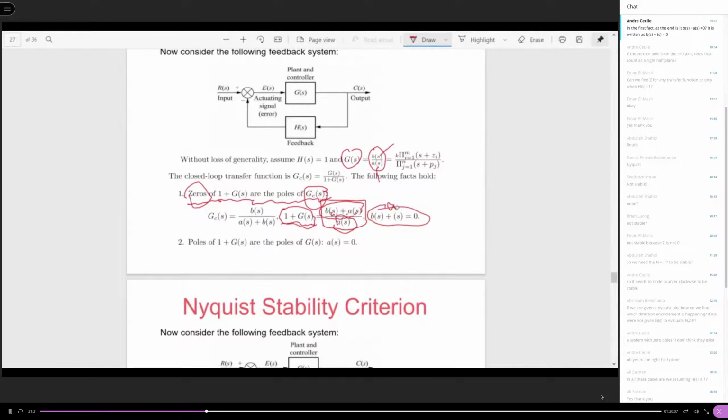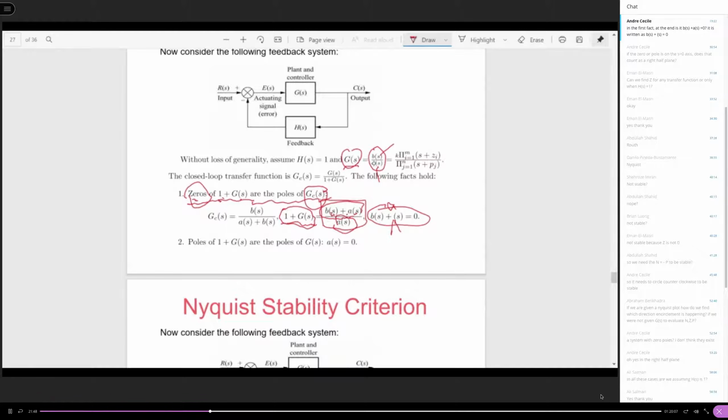If you solve this polynomial equation, the roots of this polynomial equation will be exactly the zeros of 1 plus g of s, right? Anyone disagree with that? I don't think so. This is so obvious.